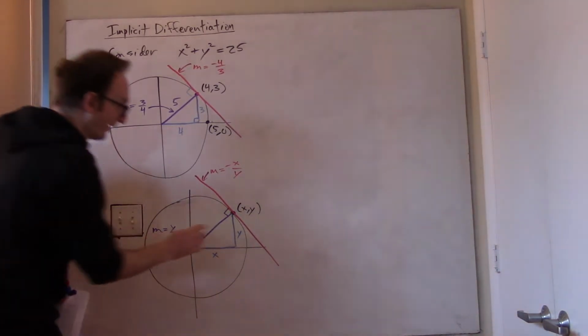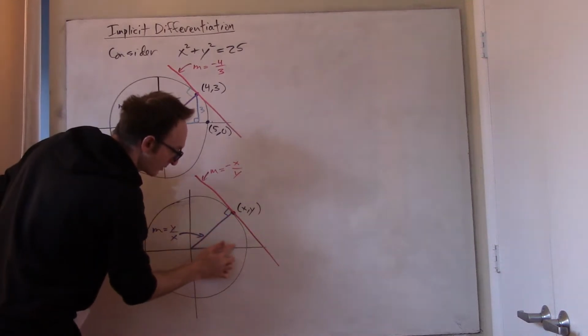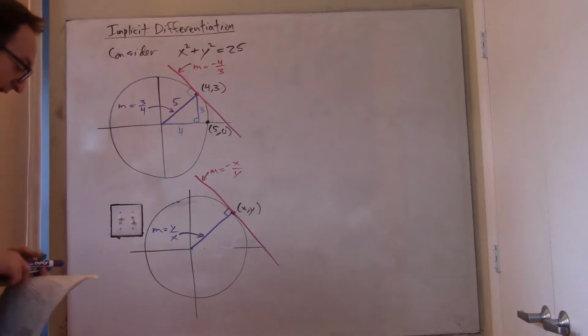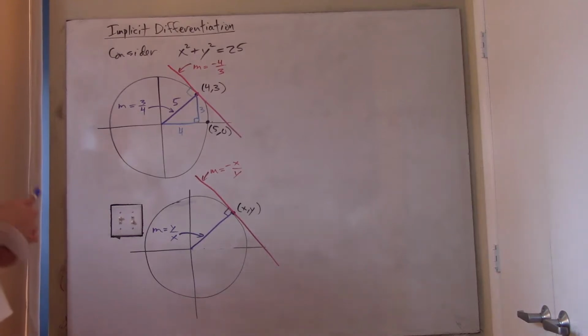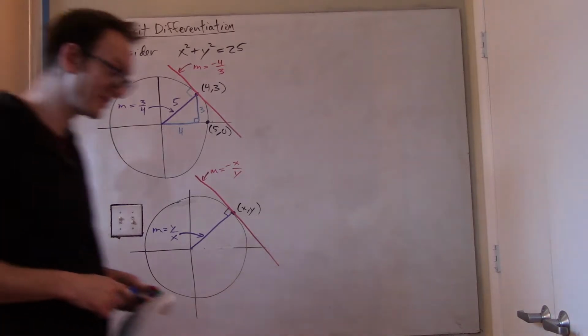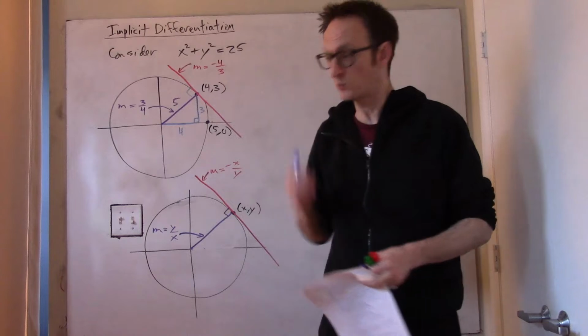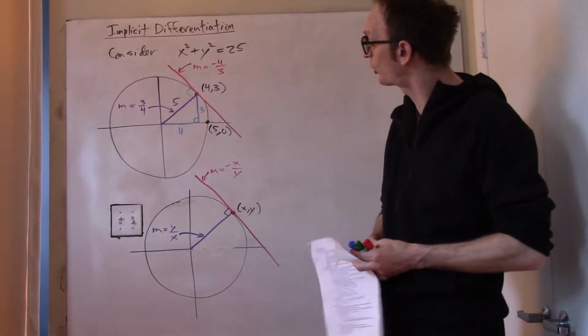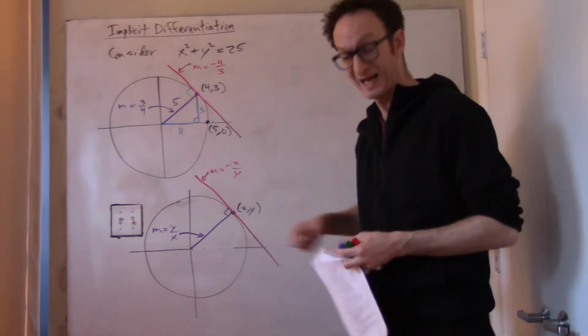Well, it is. Maybe now just erasing this a little bit for clarity, what are we really saying when we say that this tangent line has a certain slope? Well, to connect this back to the way we've been treating tangent lines for the past 6 weeks, what that means is if you zoom in and zoom in and zoom in on this curve, then this curve is pretty much like the tangent line.